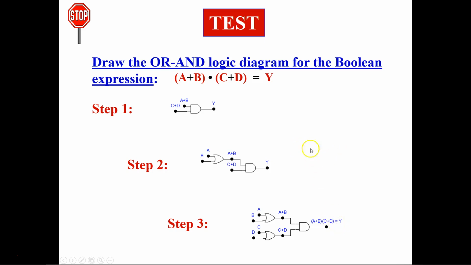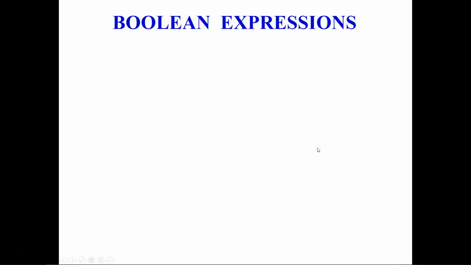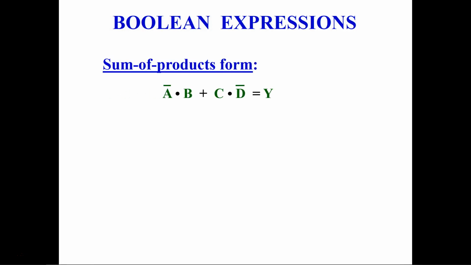Okay, so now see next, Boolean expression. We're going to see the sum of products form, which is also called minterm form. In this minterm form, you can see one example is given.